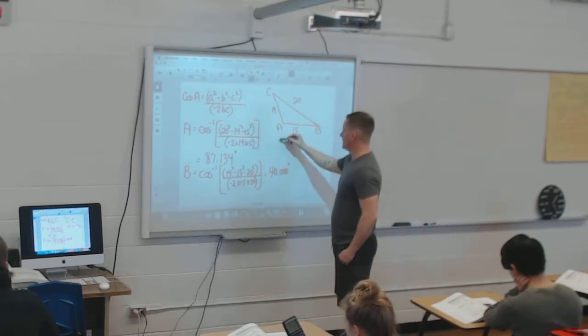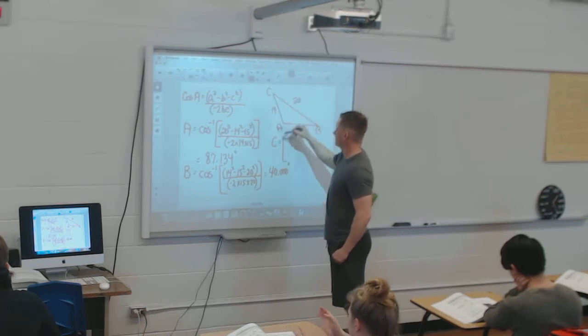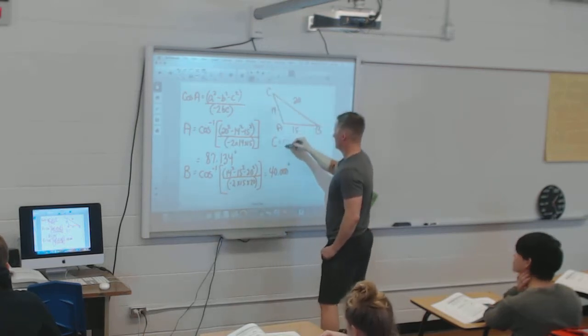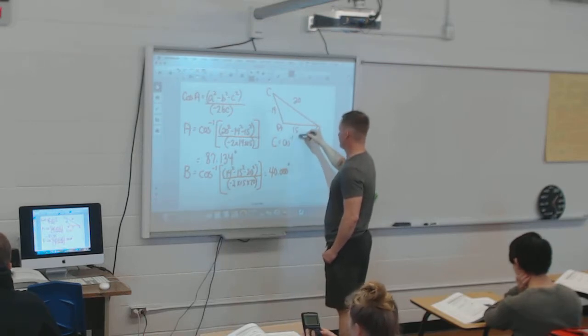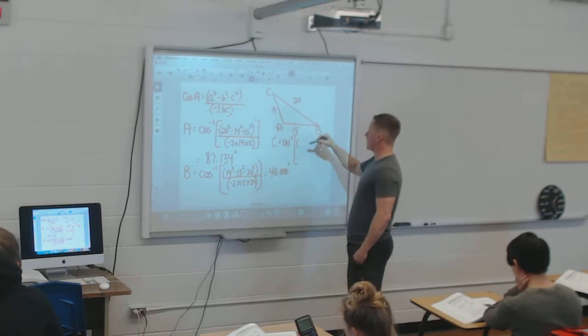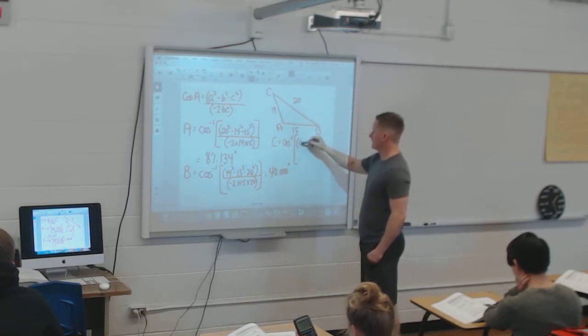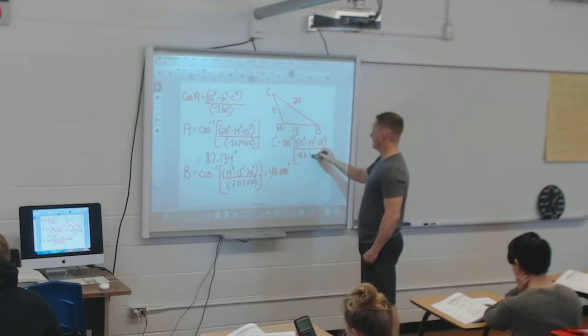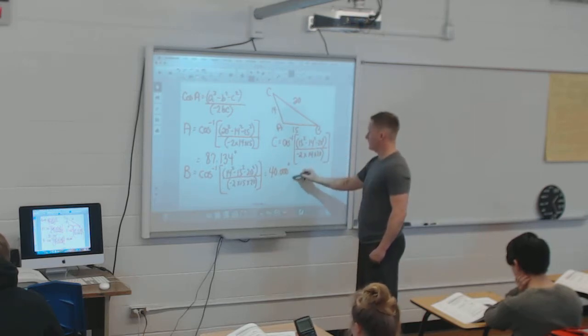So now I want C. C is equal to cos -1, and the side across from C is 15 squared. Subtract 14 squared, subtract 20 squared, over minus 2 times 14 times 20.